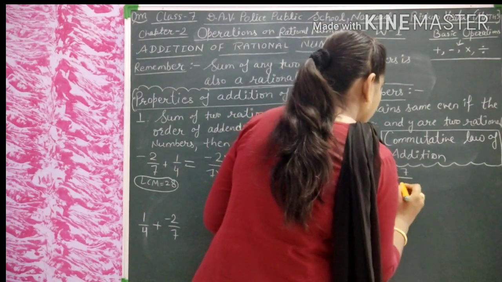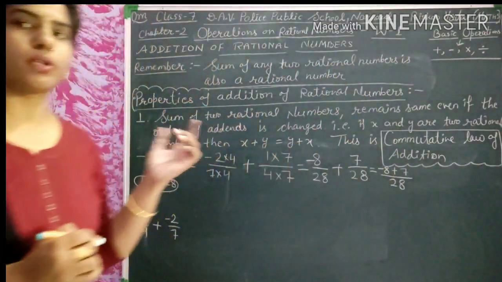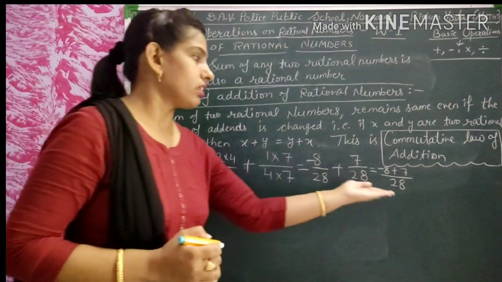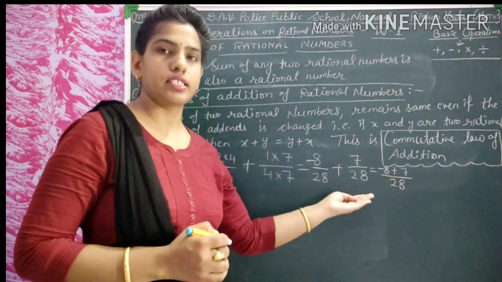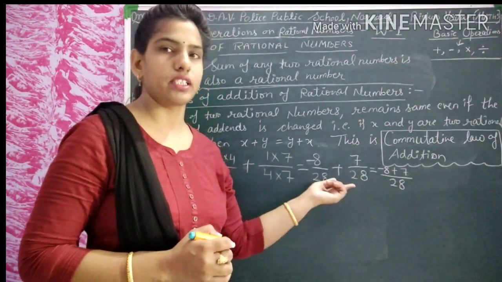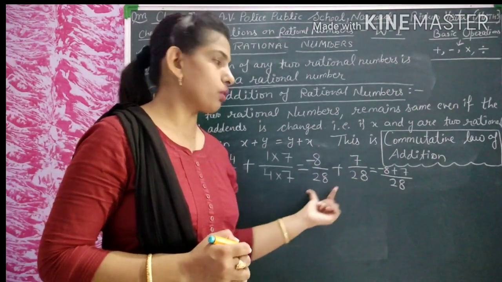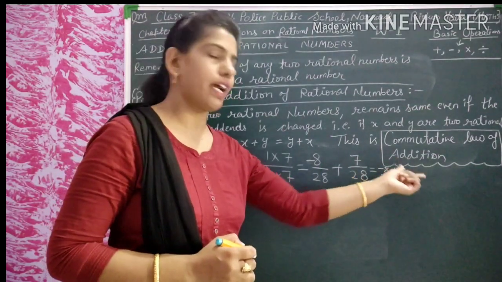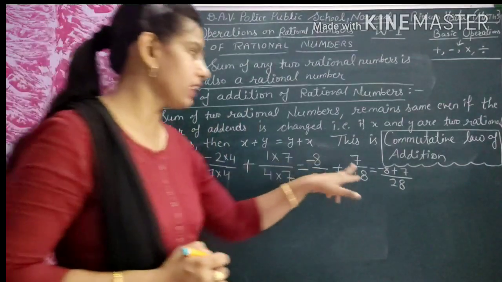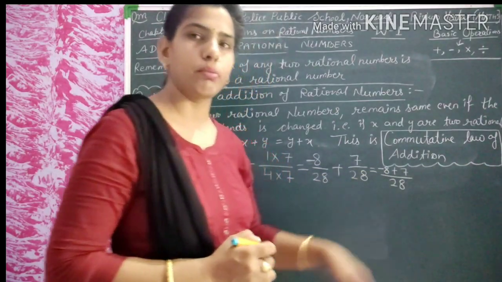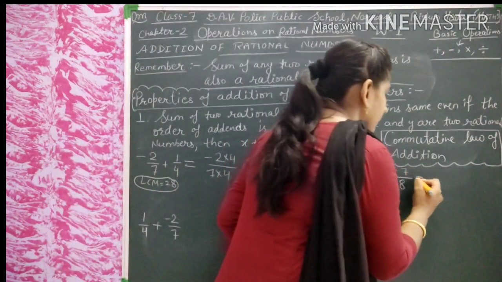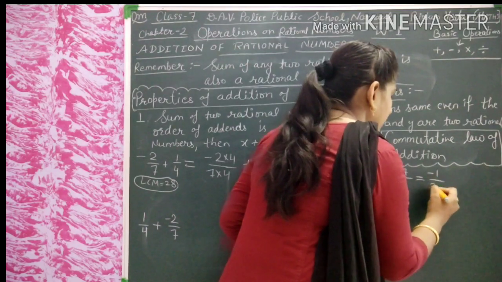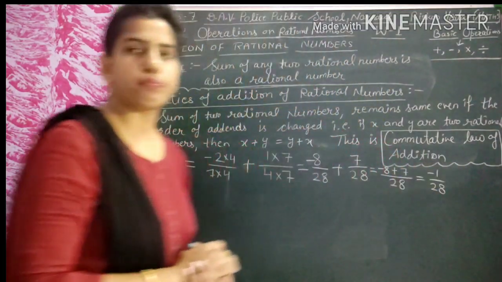We will do it by the first property, that is, if denominators are the same, we add the numerators easily. Minus 8 plus 7 divided by 28, and that is equals to minus 1 divided by 28.